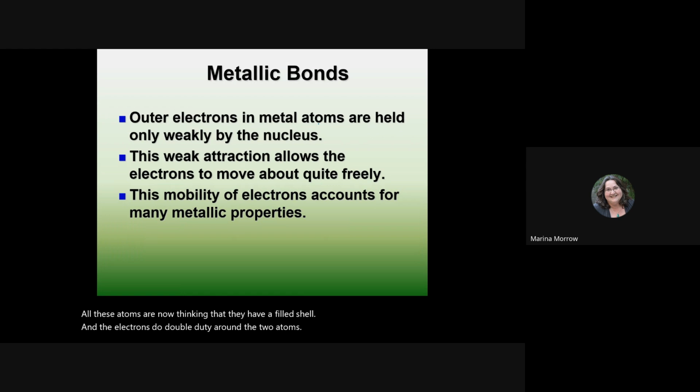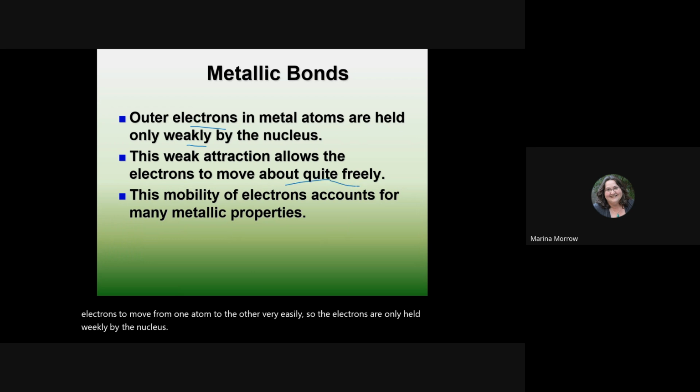Okay, now another type of bonding is metallic bonds. So one of the reasons you can have a metallic bond with metals is that metals allow their electrons to move from one atom to the other very easily. So the electrons are only held weakly by the nucleus.